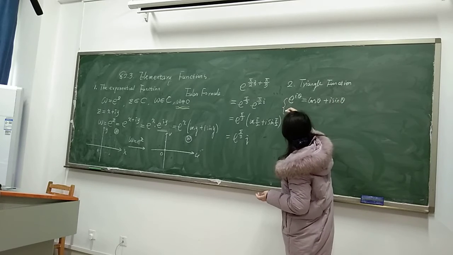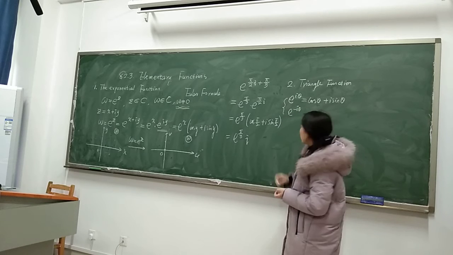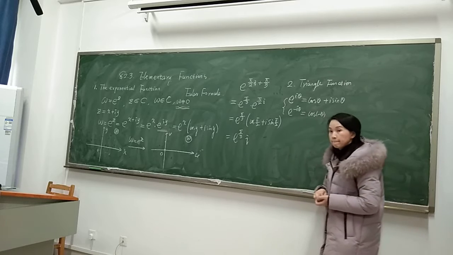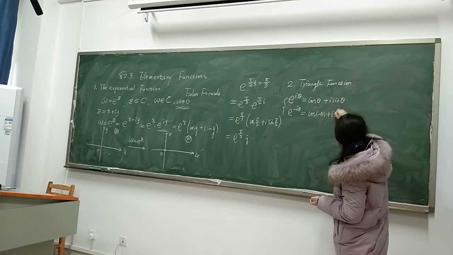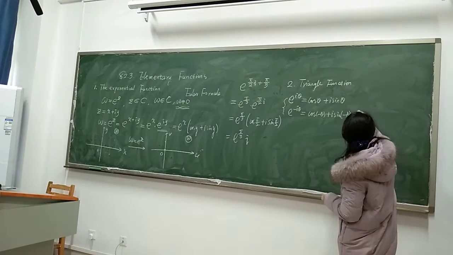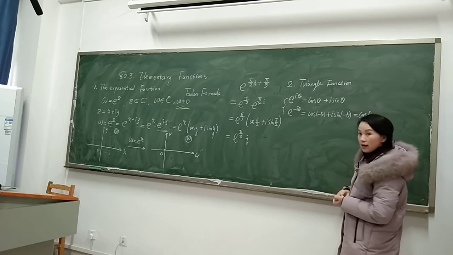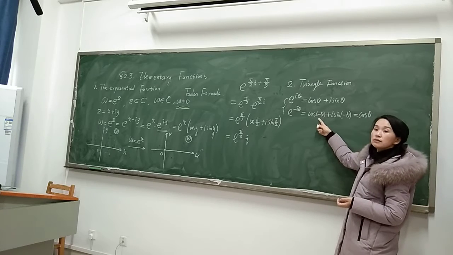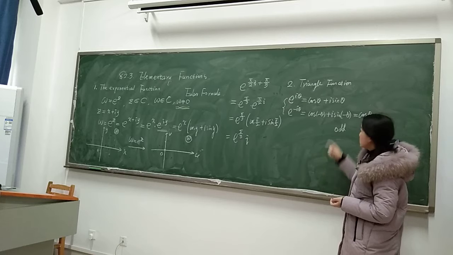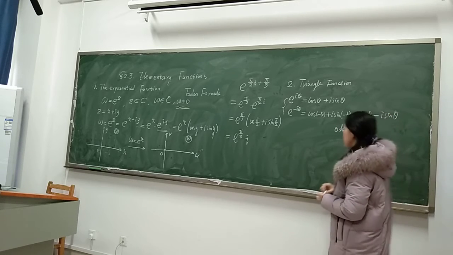So e^(-iθ) you can also write as cosine(-θ) plus i sin(-θ). Cosine(-θ) is also cosine θ because this is an even function. This is an odd function. So this one is minus i sin θ.